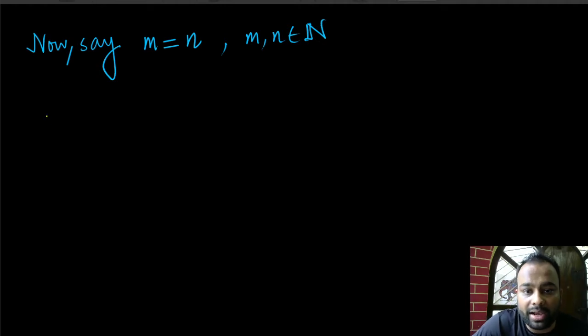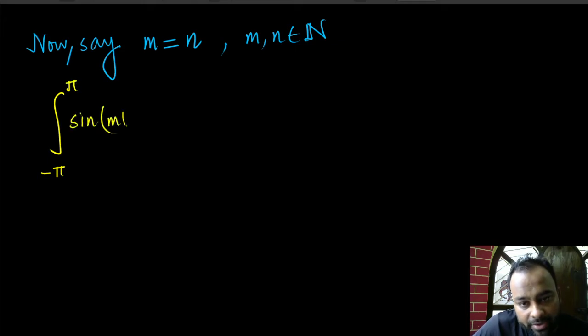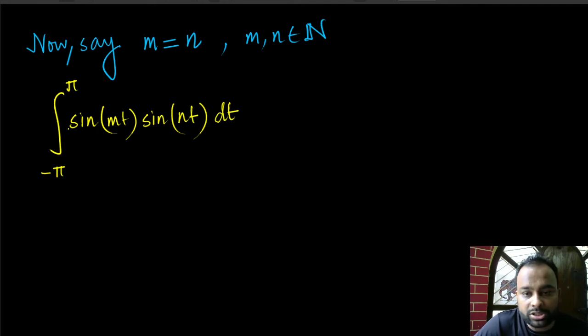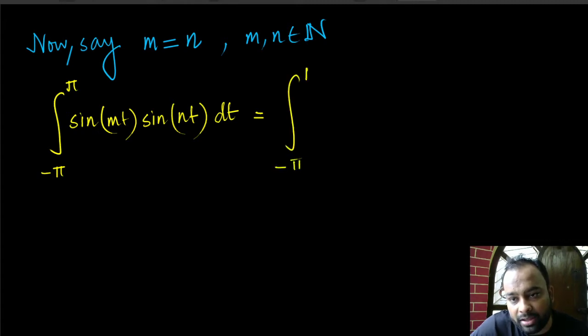If they are equal, let's do the integration when they are equal. So we are doing this integration again: sine of mt sine of nt dt. If m and n are equal, then I have this integration from minus pi to pi, and m and n are equal.